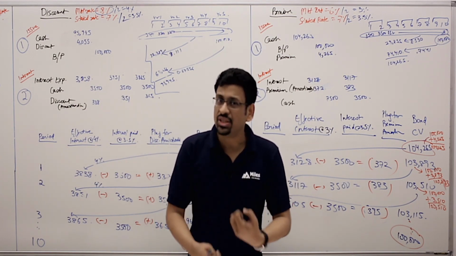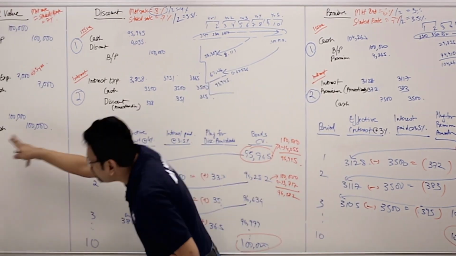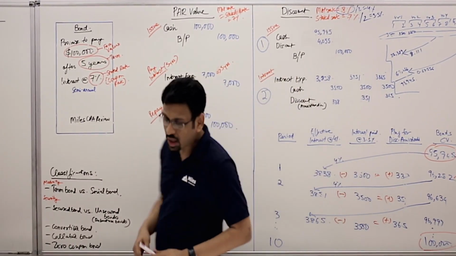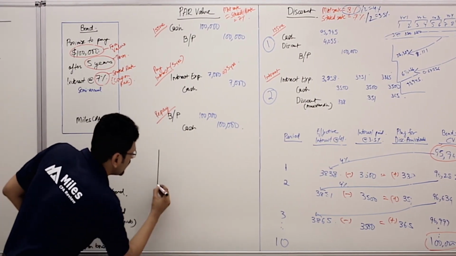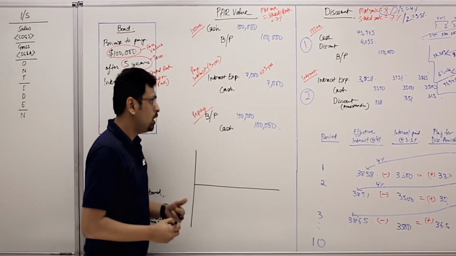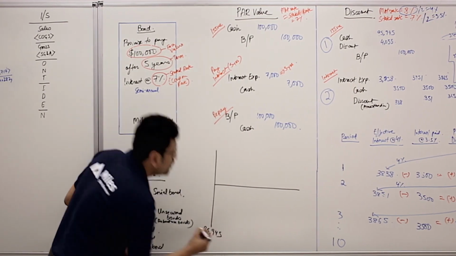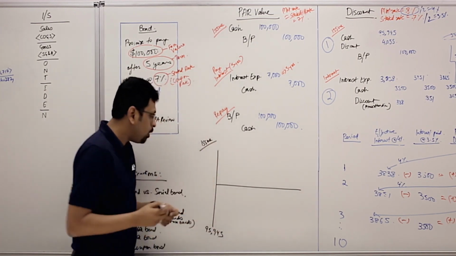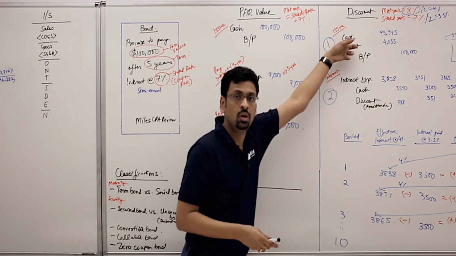Now, the results that we just discussed, let's try to chart it out. So let's use this part of my board which looks empty. I mean, we can't leave anything blank here. So if we try to analyze, what we're doing here is, let's say this is year period 0 and this is year 5. Now, in case of discount, we are moving from 95,945. So this is at the point of issuance. So when we issued the bond, we collected cash of 95,945 in the case of discount.